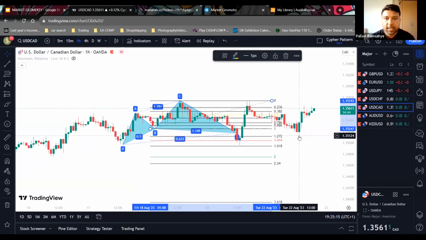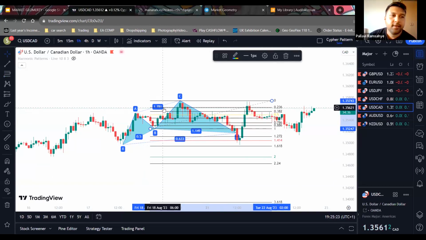Perfect. Does anybody remember, if someone could type it in the chat, where we're looking for point D in this second part? There's 2 percentages that we're looking for price to fall between. If anybody could type that in, that'd be fantastic. Perfect.